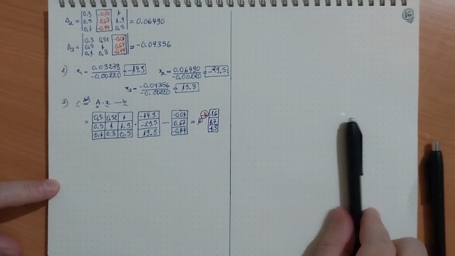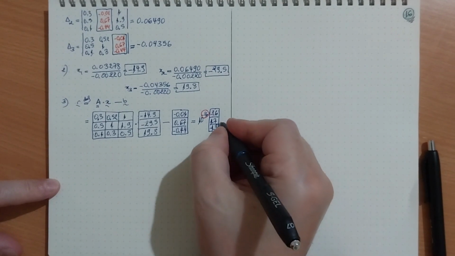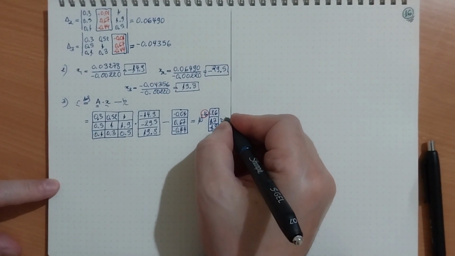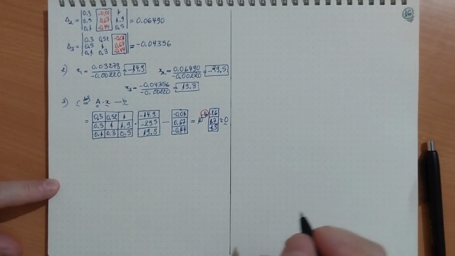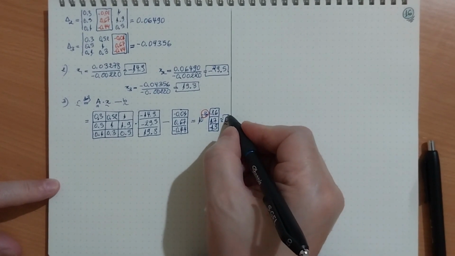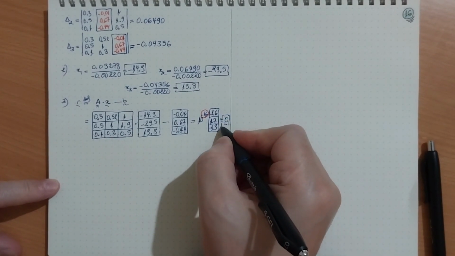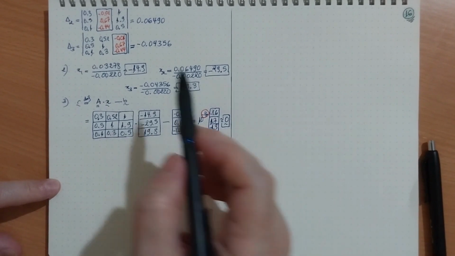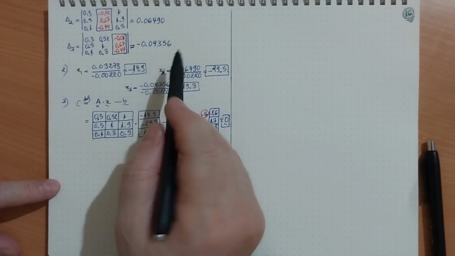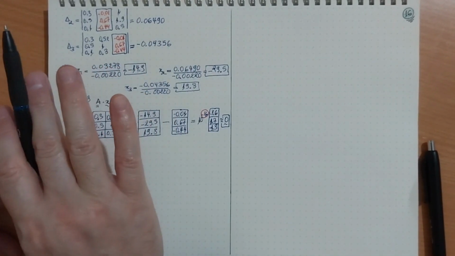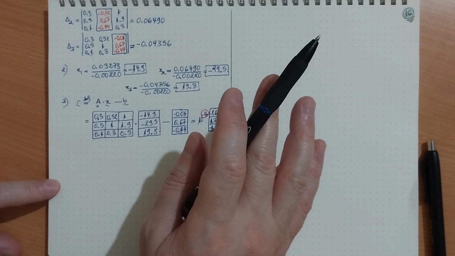So these are actually 0 numbers. So it is almost the vector 0. So here we obtain very good accuracy, albeit we have used only 5 decimals, because we didn't make any rounding offs.